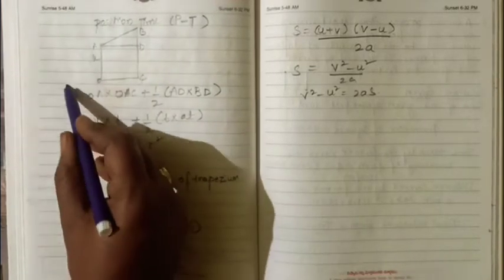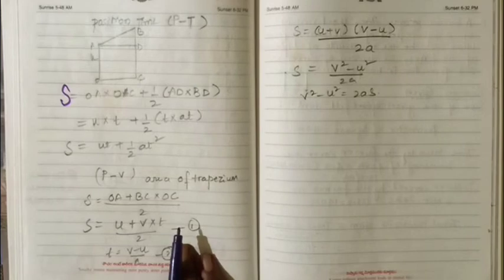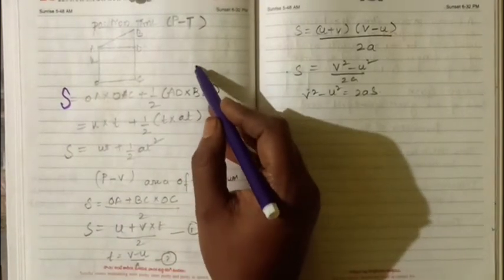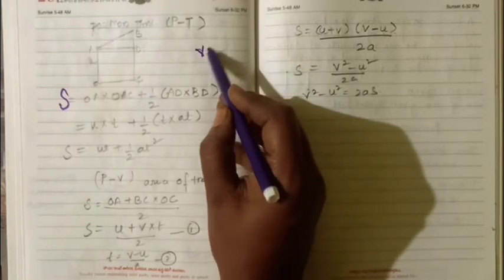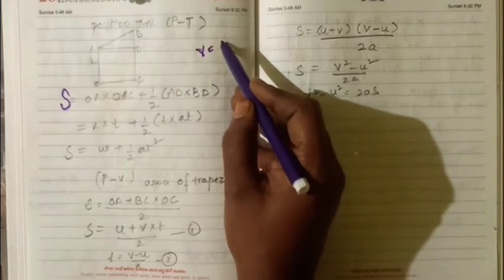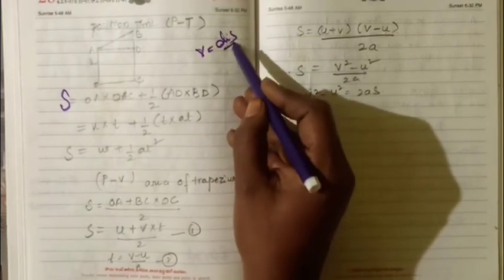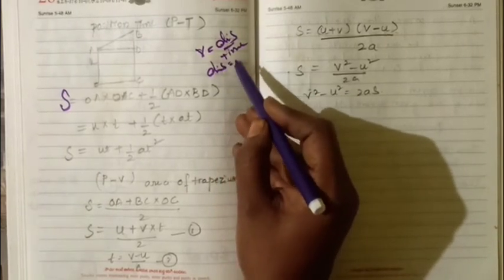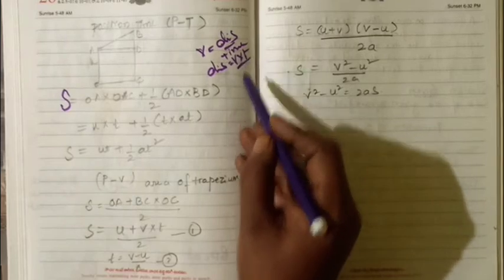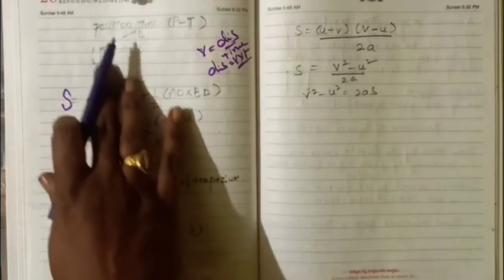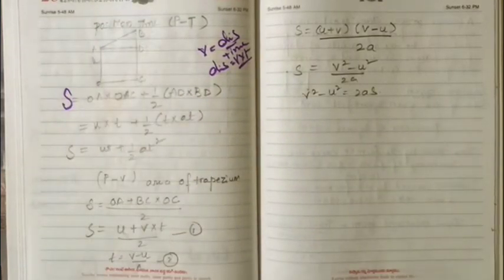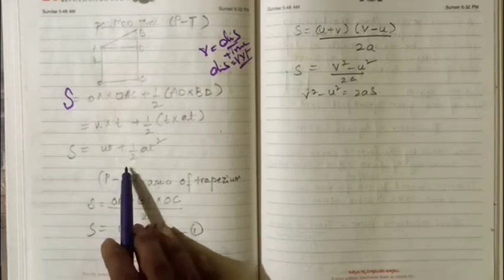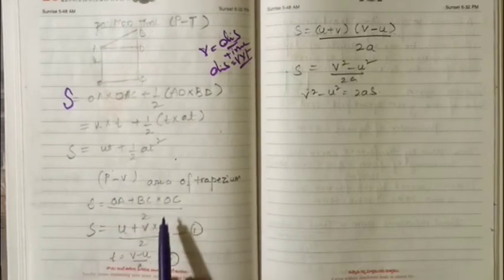So this we are taking as distance. Distance is velocity into time, which is nothing but the area inside. So S is nothing but distance. S is equal to UT plus half AT square.